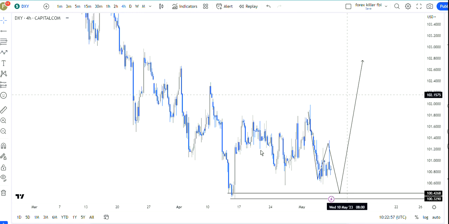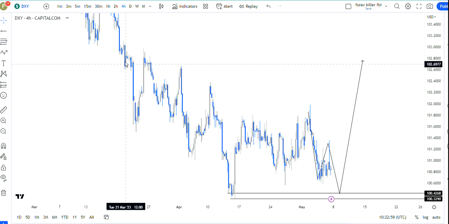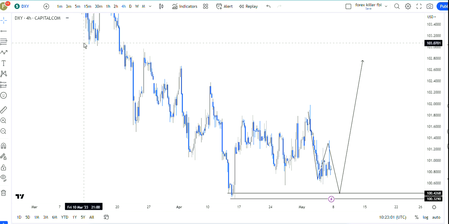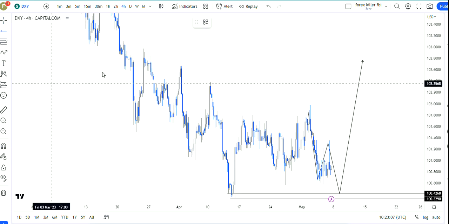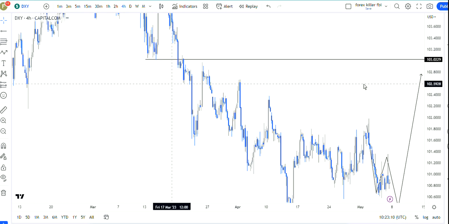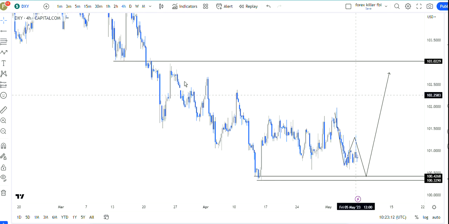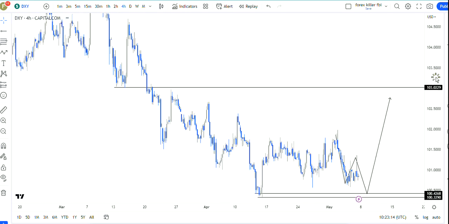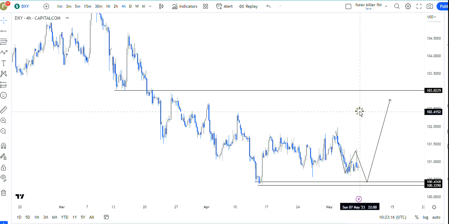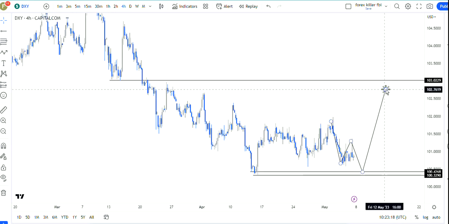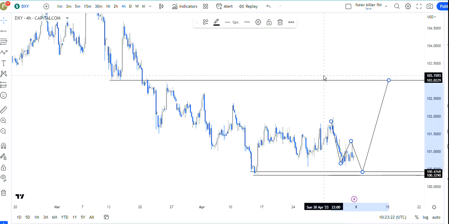Why there? Because we have a BMS around this area here. This is what we call BMS. What you have to understand is that we have a major BMS and a minor BMS.